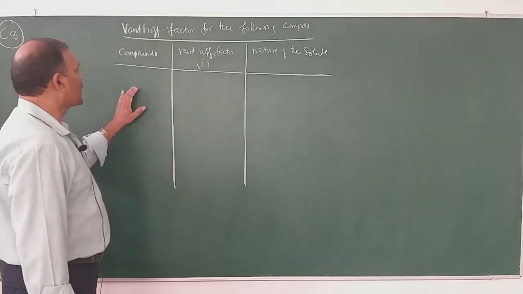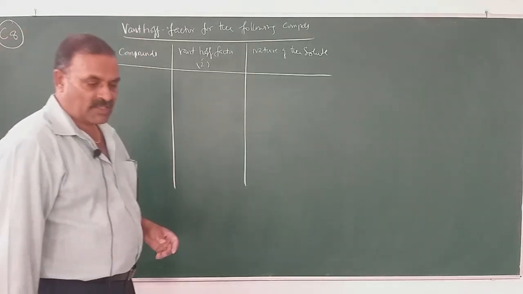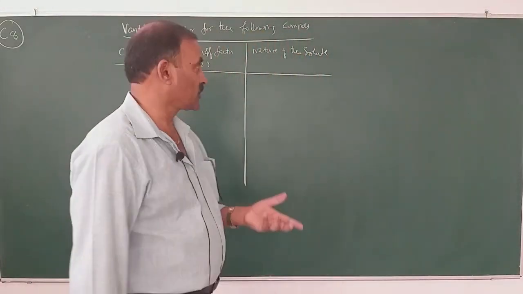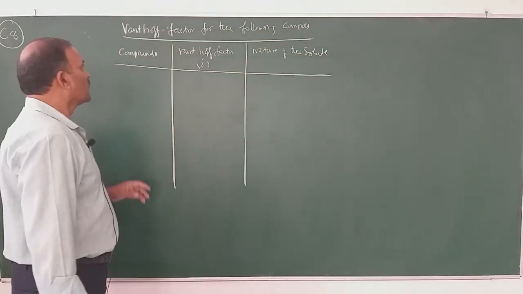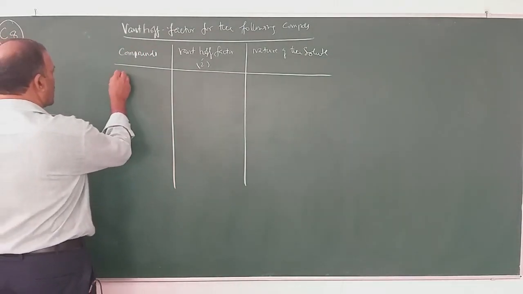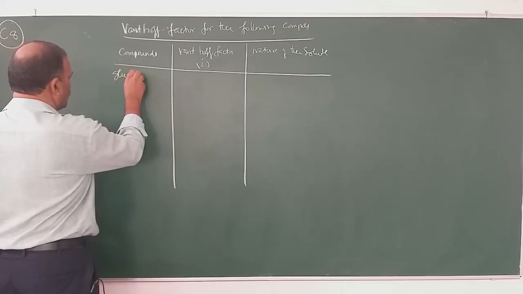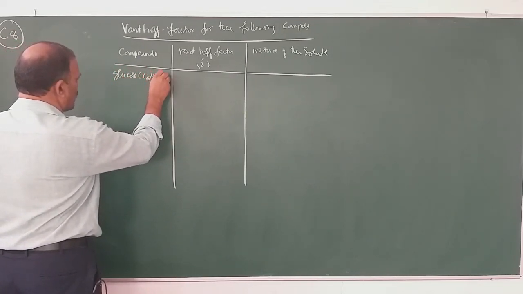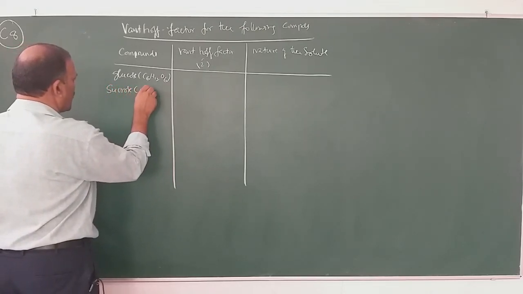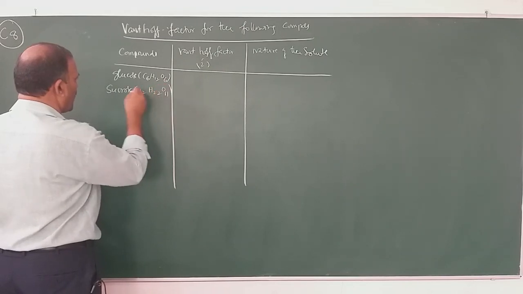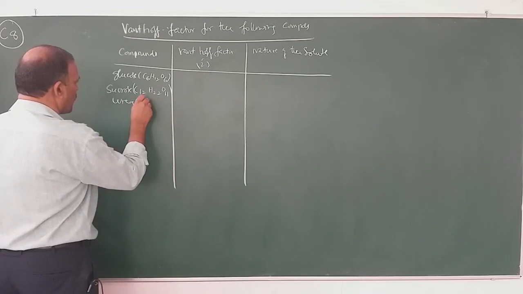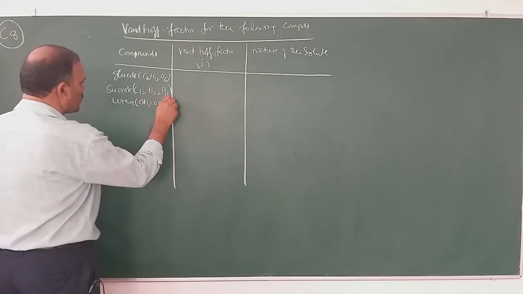Next, you will be asked in the examination, what are the Van 't Hoff factor values for the following compounds? So I will tell you the Van 't Hoff factor values for some of the compounds. For example, compounds like glucose C6H12O6, sucrose C12H22O11, urea NH2CONH2.